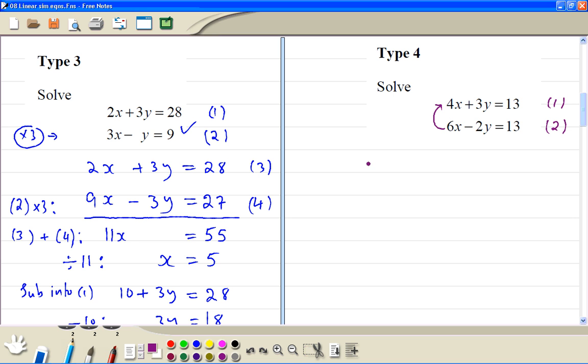So we get 24x plus 18y, then 13 times 6 is 78. So we call this equation 3.